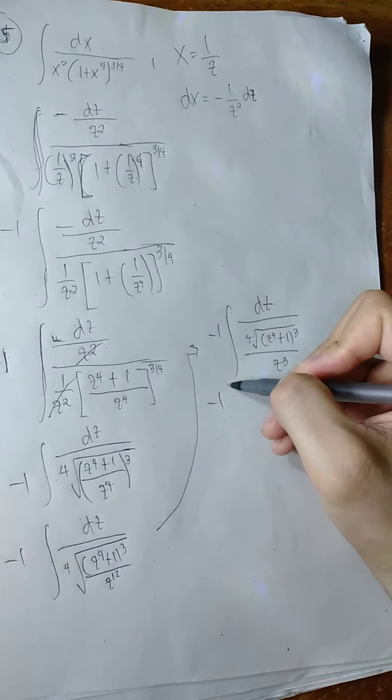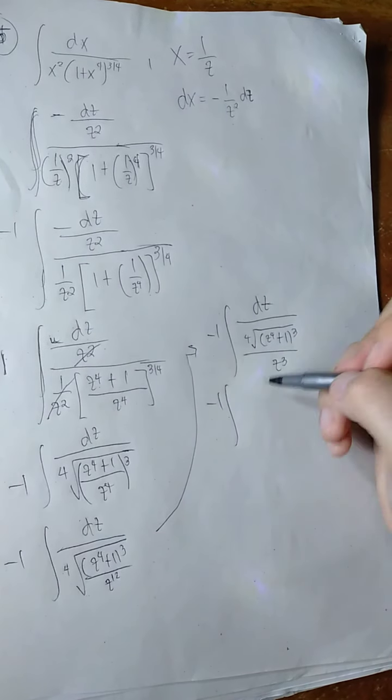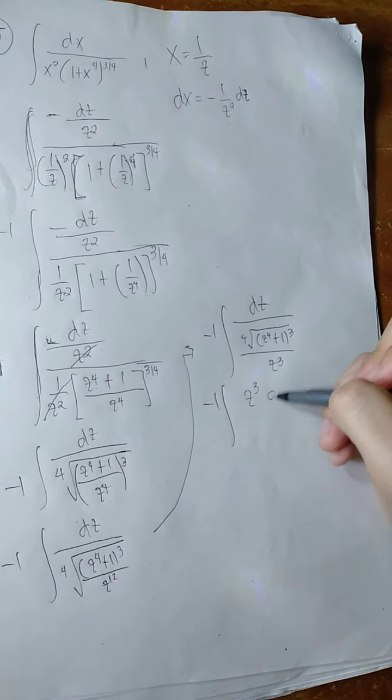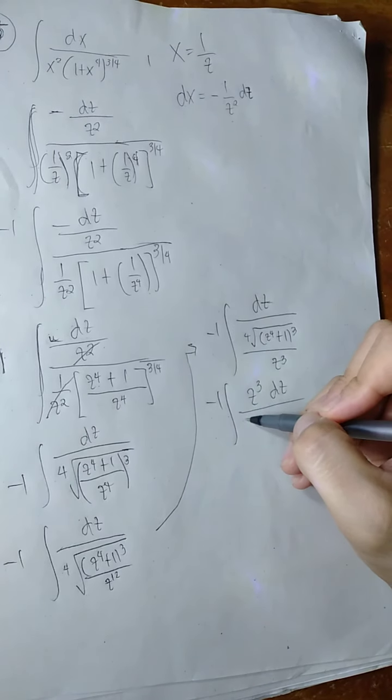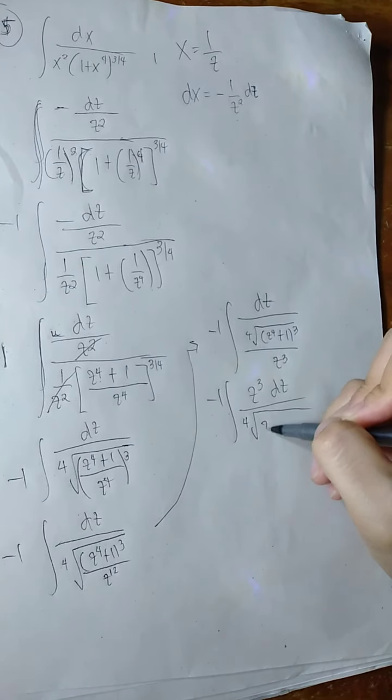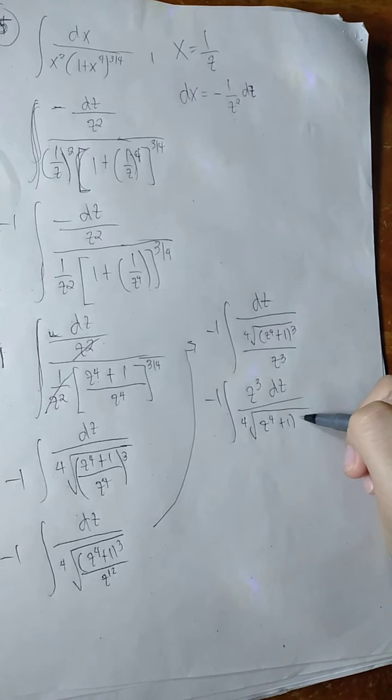So negative 1 integral of z cubed dz over the 4th root of z to the 4th plus 1 cubed.